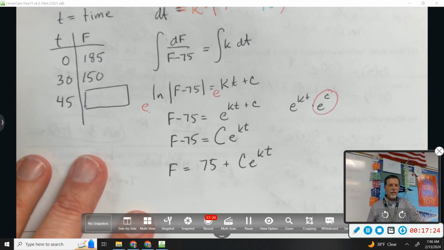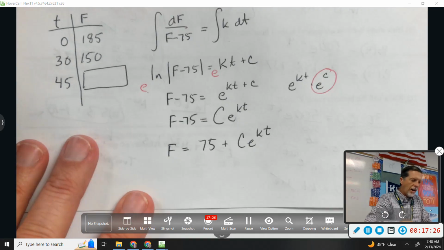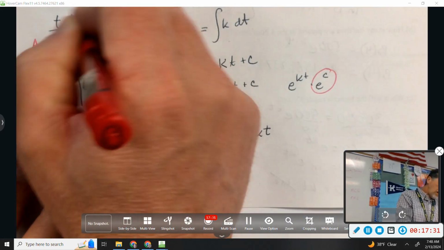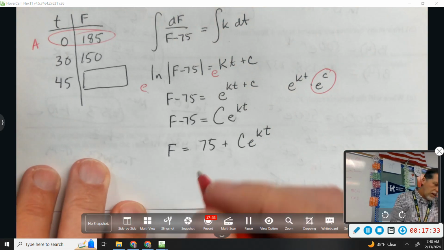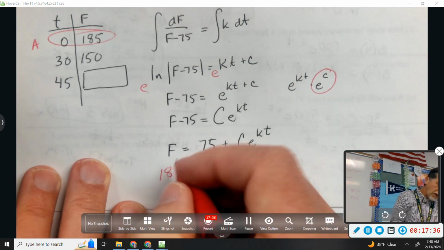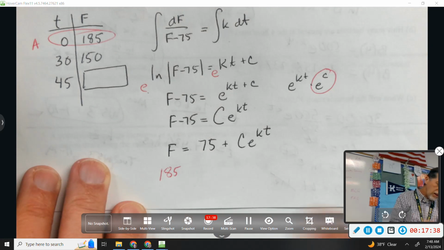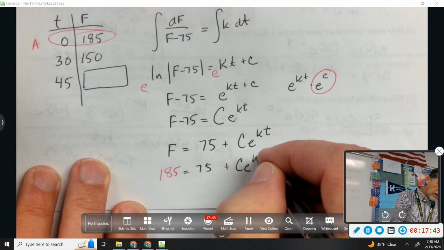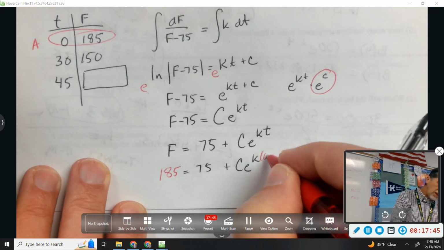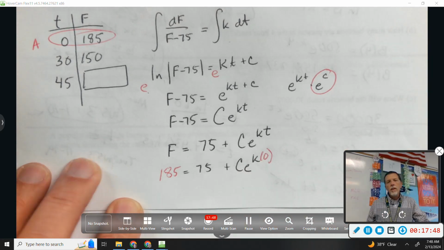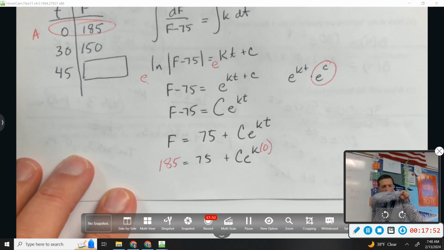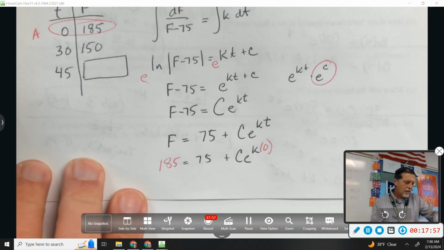Okay. Calculus is over. Now it's algebra time. Let's plug in that first point. So 185 goes in for F, and 0 goes in for T. And what's E to the 0? 1.